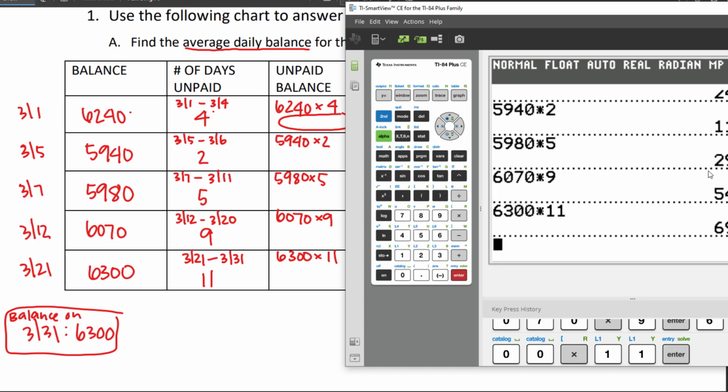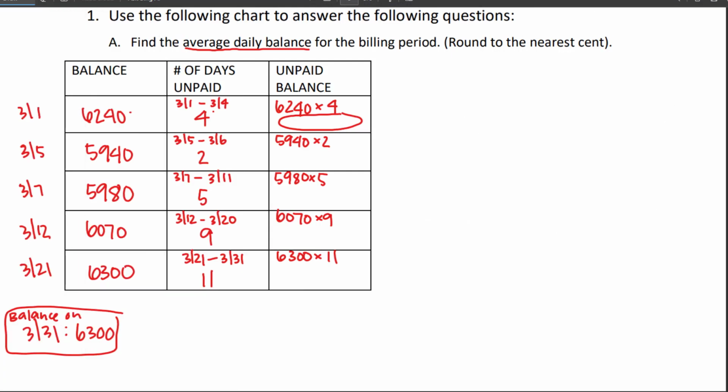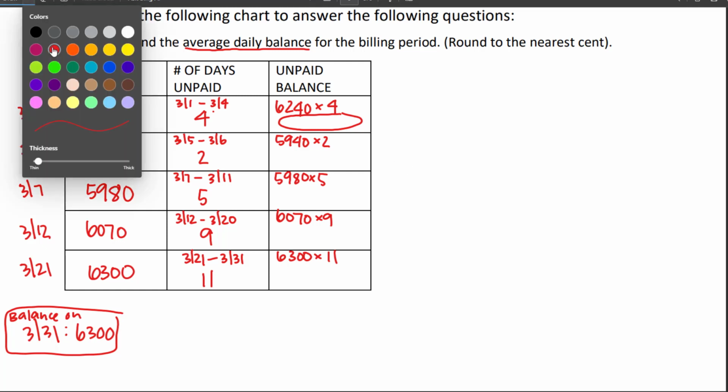All right, so we have all of our pieces to our puzzle, to our table.